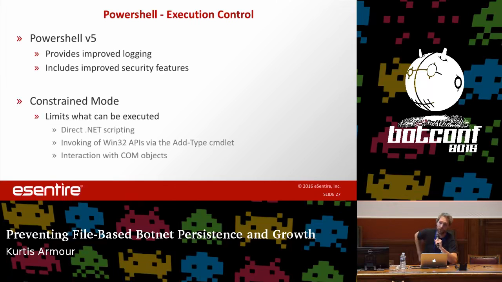So constrained mode is one of the best ways to limit the attack surface of PowerShell within your organization. It limits the ability to direct .NET scripting, invoking Win32 APIs, and interacting with COM objects. So most PowerShell malware, as well as PowerShell pen testing tools, get broken when you're using this.